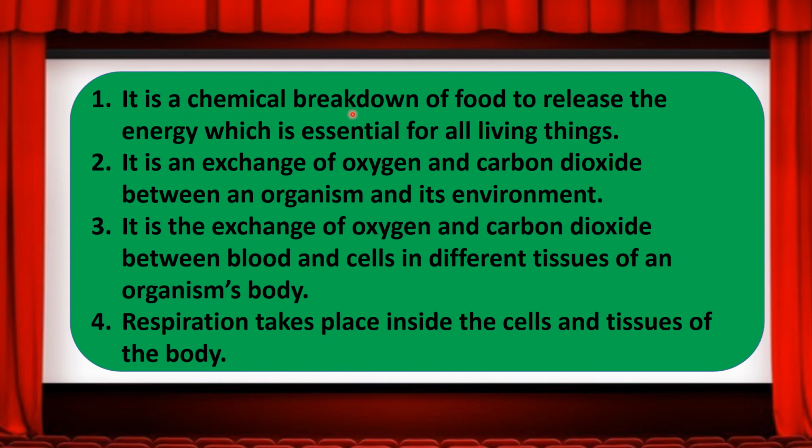Next, number 2. It is an exchange of oxygen and carbon dioxide between an organism and its environment. Number 3. It is the exchange of oxygen and carbon dioxide between blood and cells in different tissues of an organism's body.